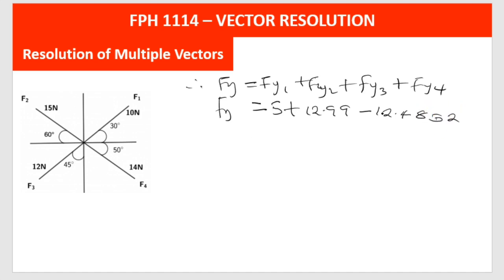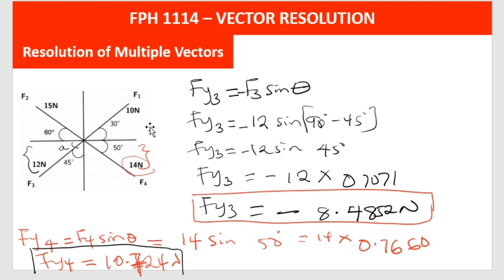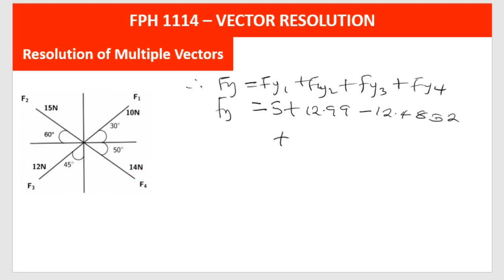Then plus Fy4, which is 10.724. So when you add all this together, we have 5 plus 12.99 minus 8.4852 minus 10.724.